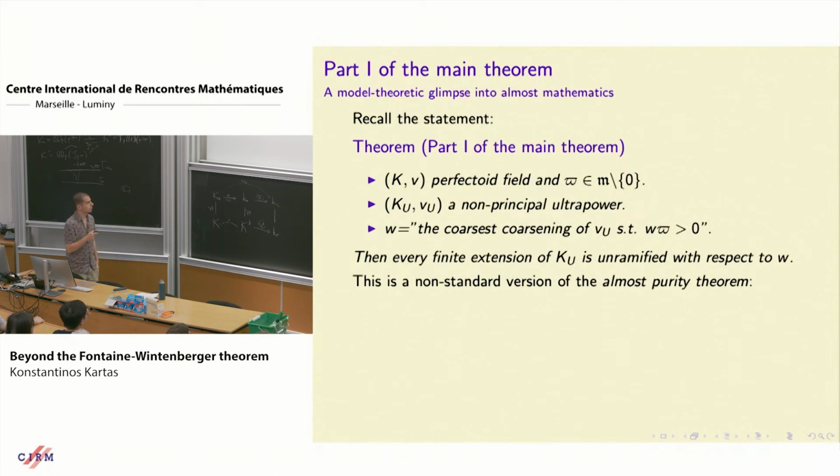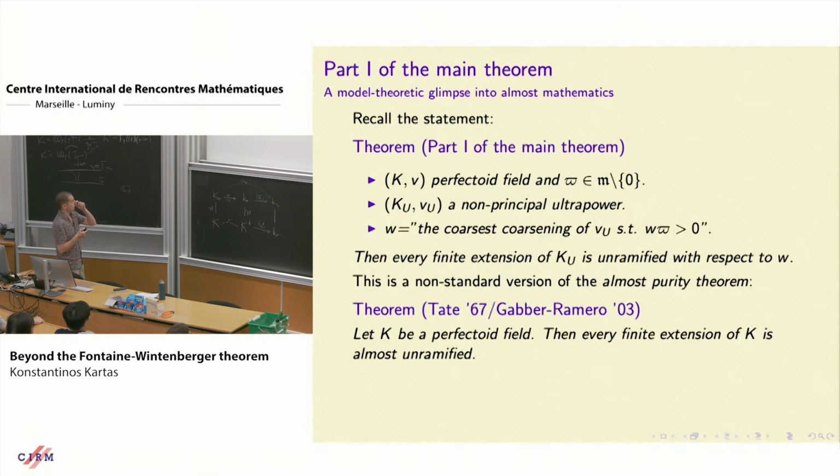So there are many versions. And this version is usually attributed to Tate and Gabber-Ramero. And if you just look at the statement, you will see that it's actually very similar. So now you do not take any ultrapowers or any coarsenings, but the conclusion is that every finite extension is almost unramified.